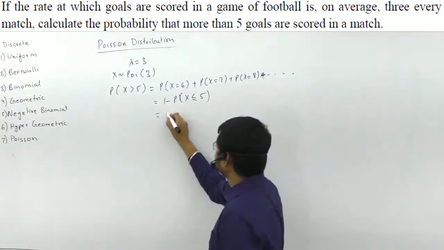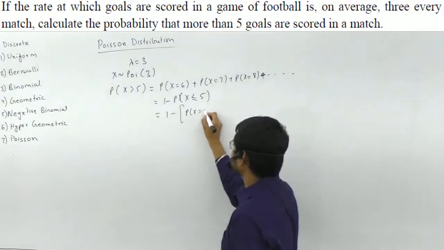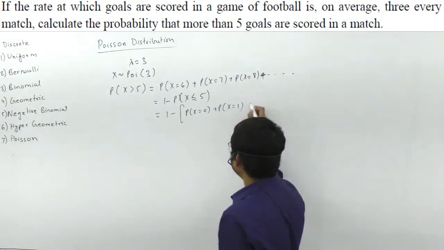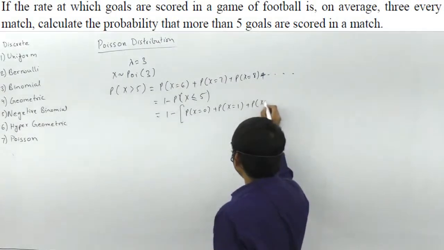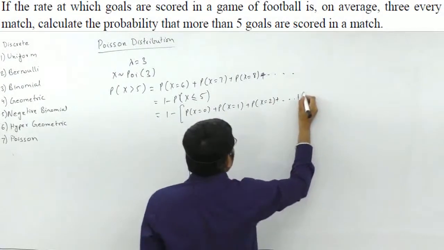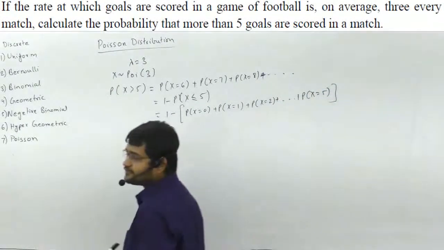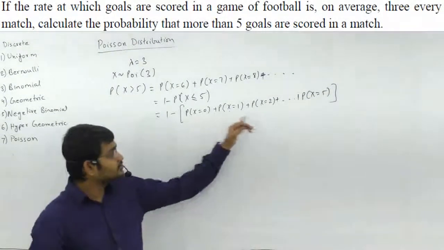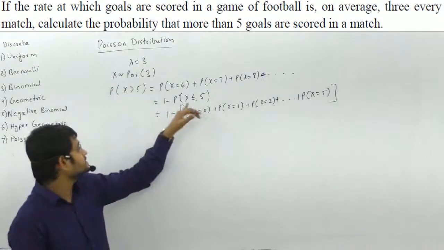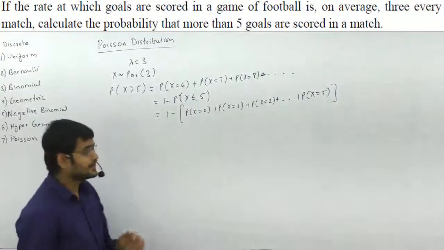That can be written as 1 minus probability x equals 0 plus probability x equals 1 plus probability x equals 2, and this will go on till probability x equals 5. So if we find the probability from 0 to 5, we can easily find the probability either less than or equal to 5, or then we can say probability greater than 5.